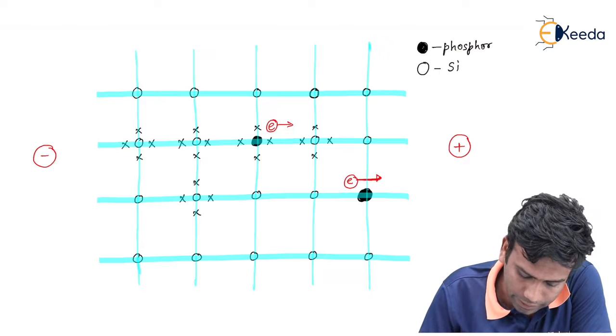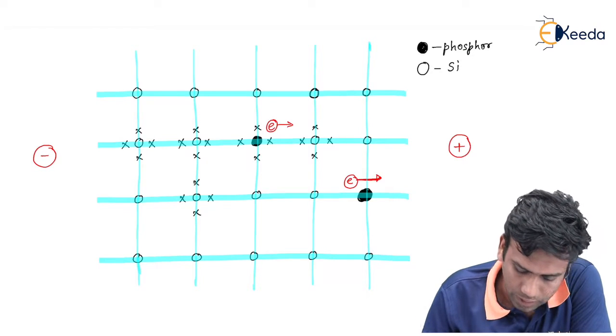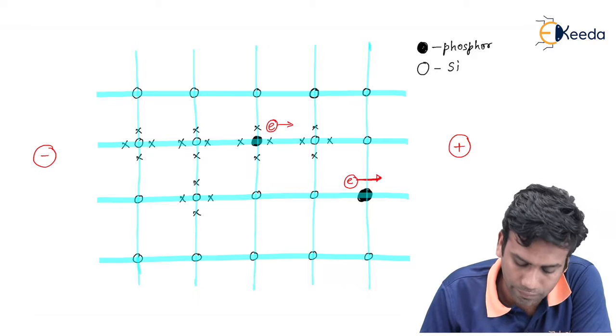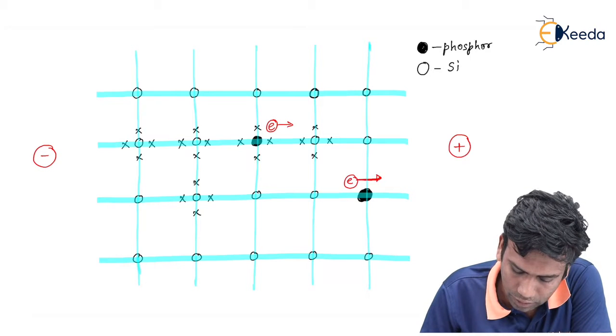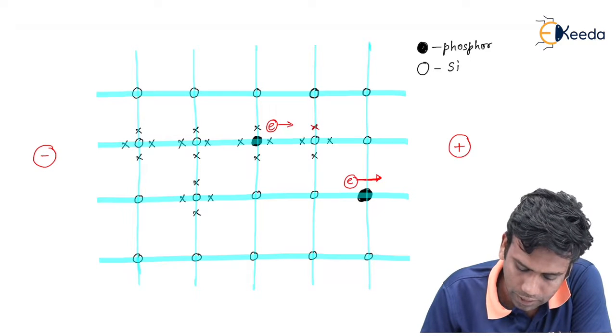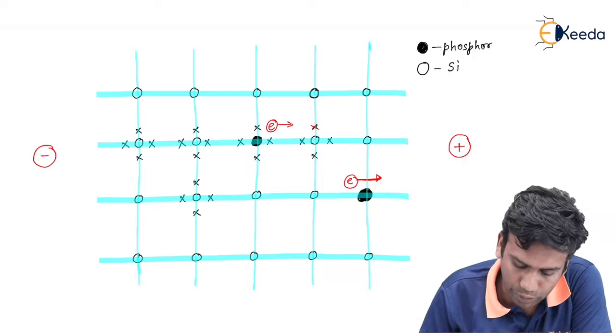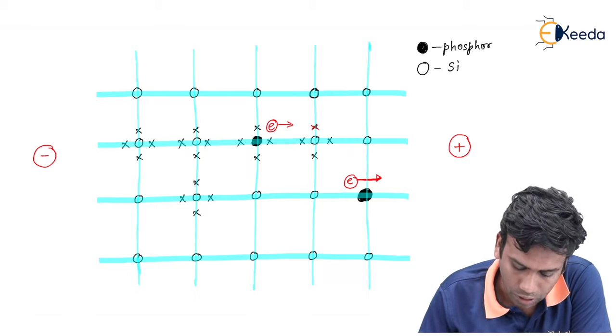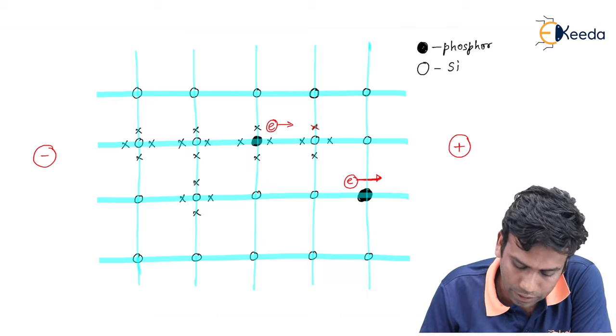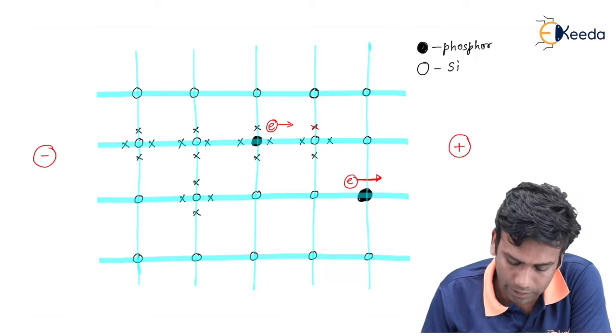When this electron is moving with respect to this applied electric field, there can be Coulombic interaction force between this free electron and this bound electron, or Coulombic interaction force between different free electrons, or between this electron and the holes in the semiconductor.